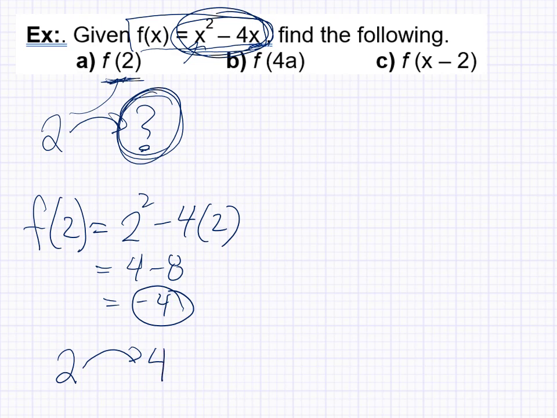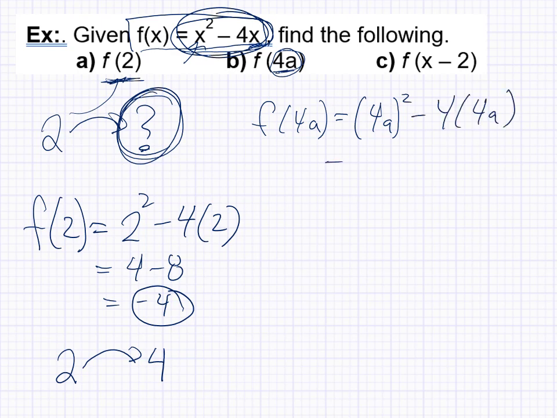If I said, find f of 4a, well, it's the same thing. It doesn't matter what your input is as long as it goes to exactly one value. So if I said find f of 4a, I should do the same thing that I did with 2. So square it, 4a squared minus 4 times that value. In which case 4a squared is 16a squared.